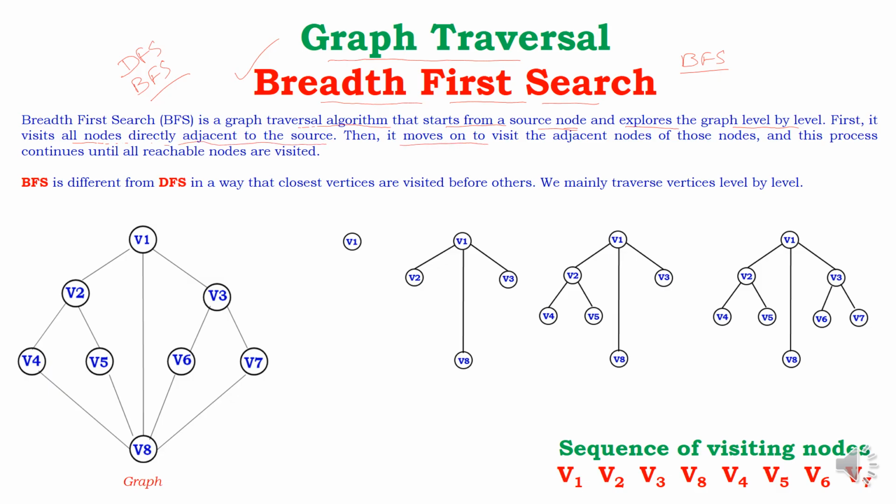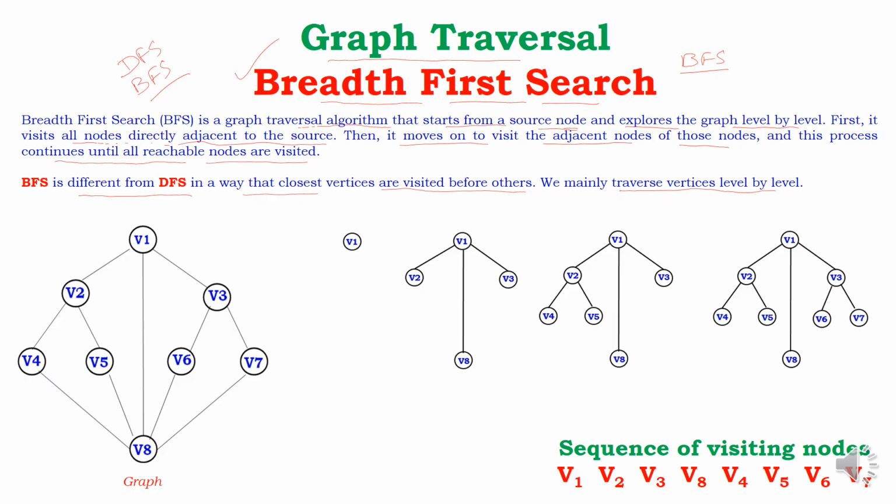Then, it moves on to visit the adjacent nodes of those nodes, and this process continues until all reachable nodes are visited. BFS is different from DFS in that the closest vertices are visited before others. We mainly traverse vertices level by level.